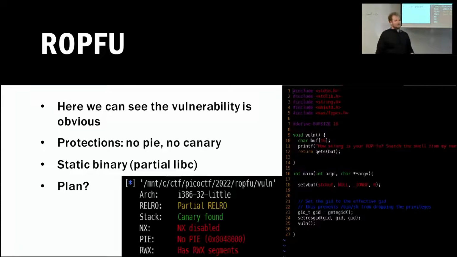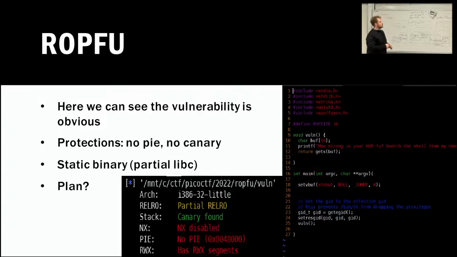So basically what we have here is a simple gets. There's no canary. PIE is disabled. What can we do? Oh, and one more thing. It's a static binary. What that means is that every function that is being used, getuid, setresuid, gets, printf, is already loaded inside the binary.